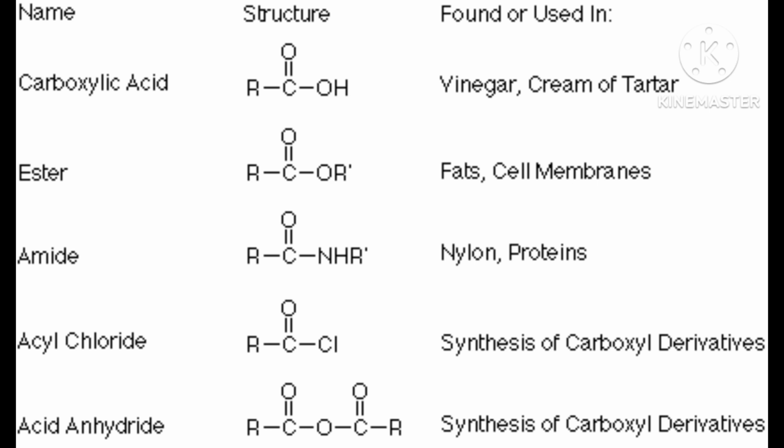Beta carbon, at the beta position, bromine is there. That's why it is beta-bromo. And here it is butyraldehyde, where two carbons of butane have been removed.